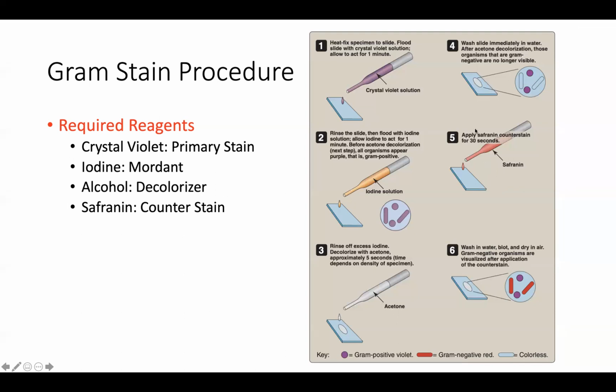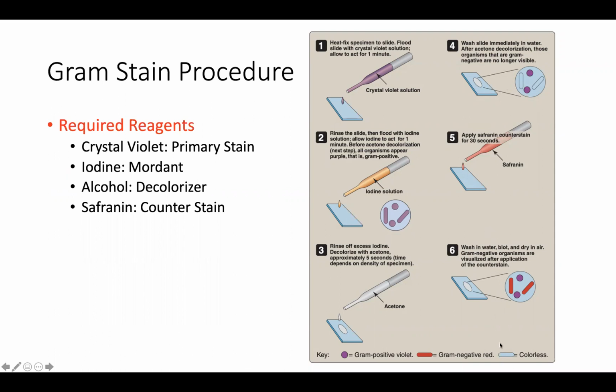However, if this is a gram positive organism, it's going to have a very thick peptidoglycan layer. And at the point of decolorization, this decolorization process does not work. These cells will retain the crystal violet color, this purple color. And so adding this counterstain will not change the color in which these cells appear.